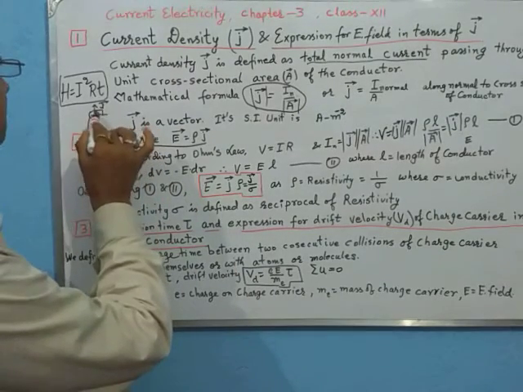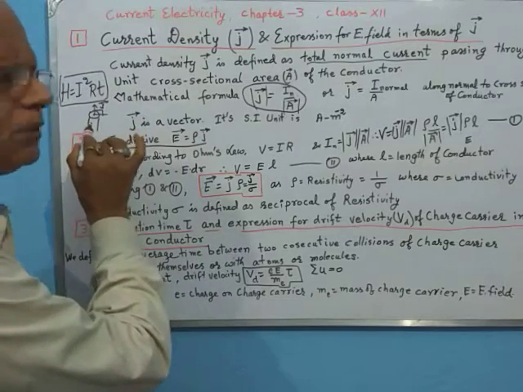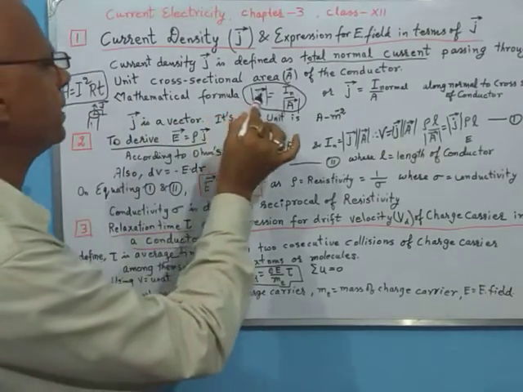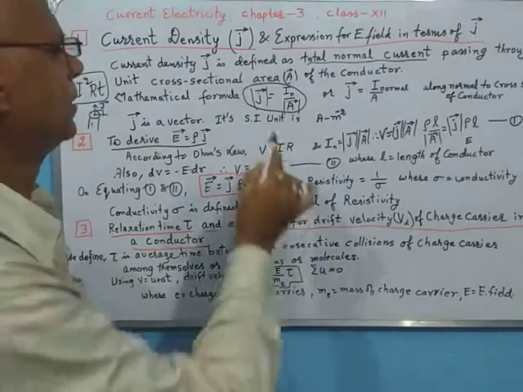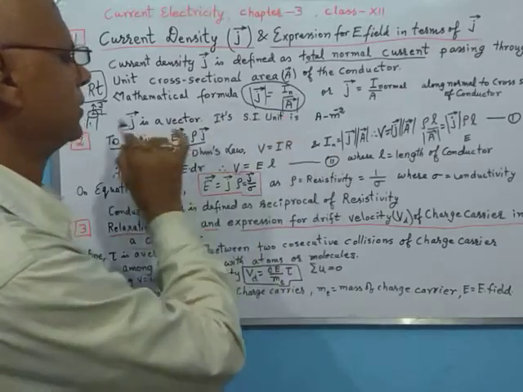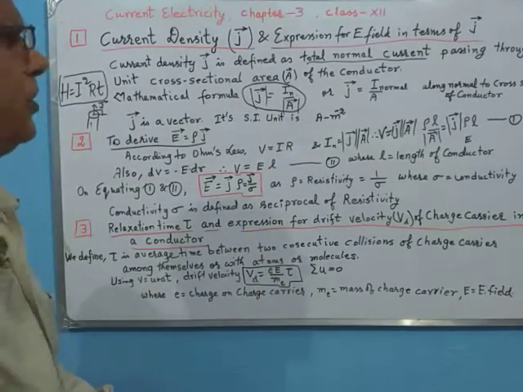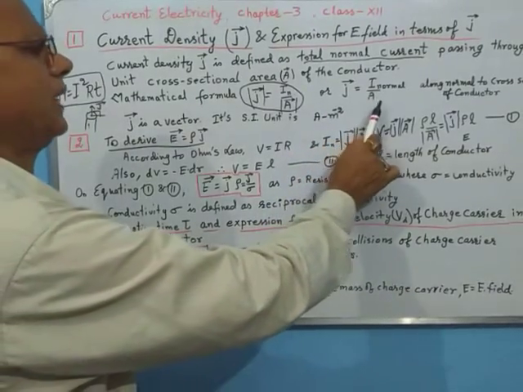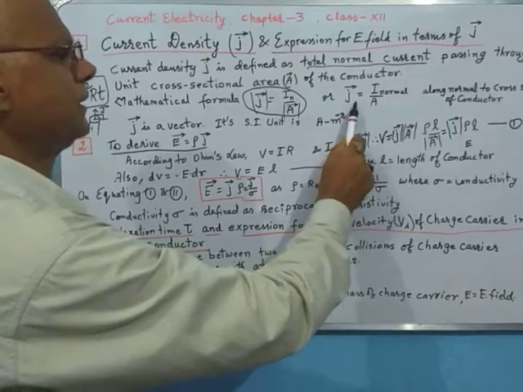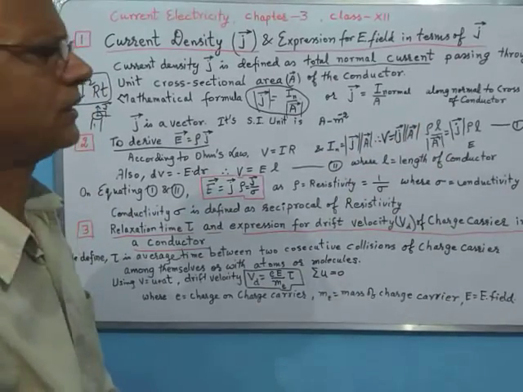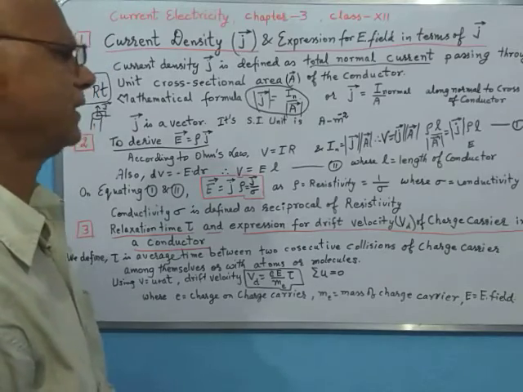So here direction is being considered important. We are taking I normal, the normal current passing per unit cross-sectional area, and this is defined as electric current density, and its direction is always along the normal to the cross-sectional area of the conductor.